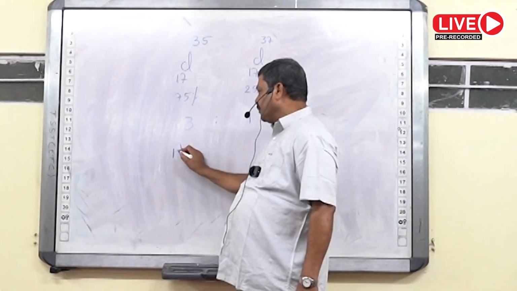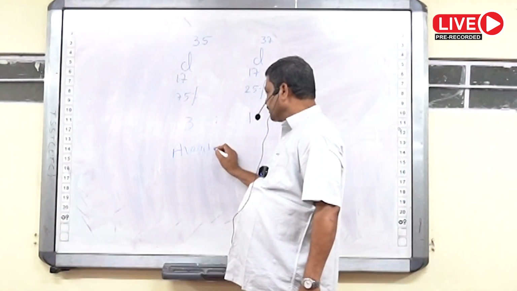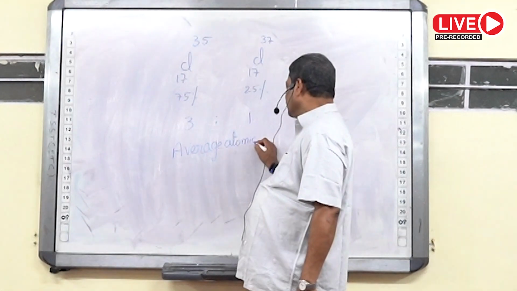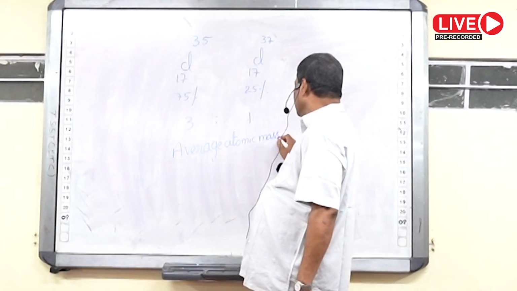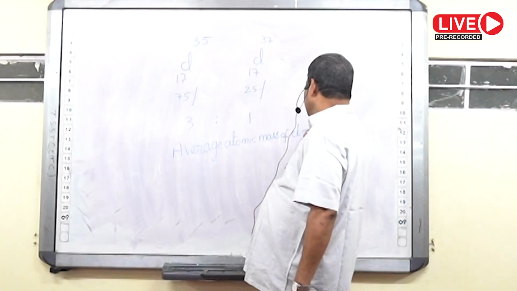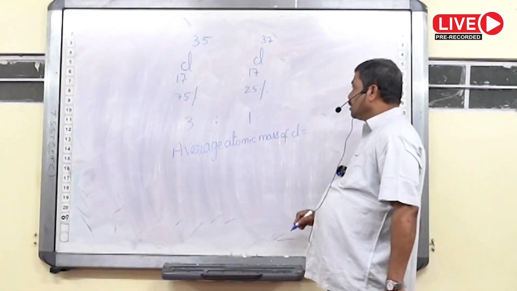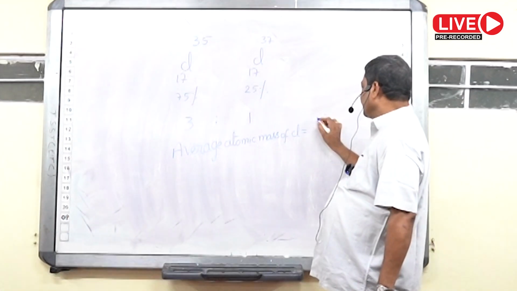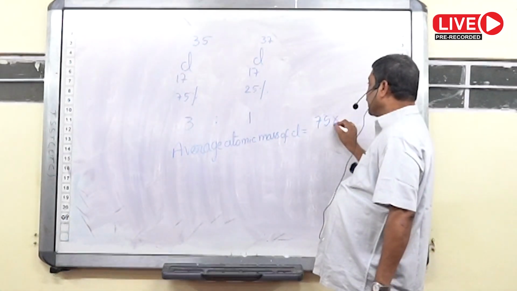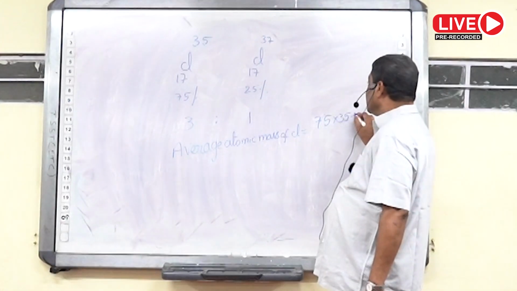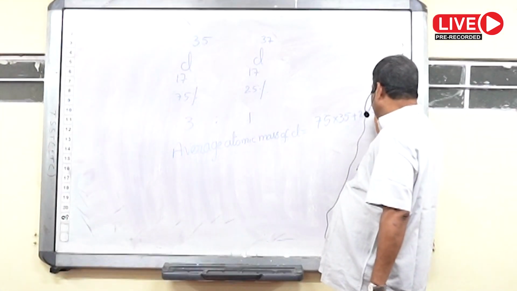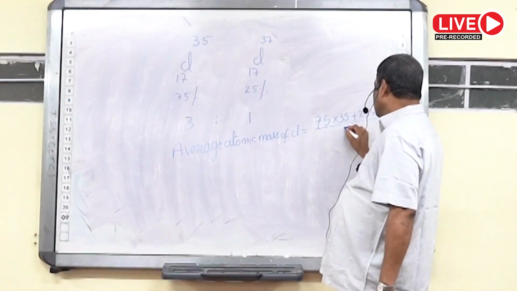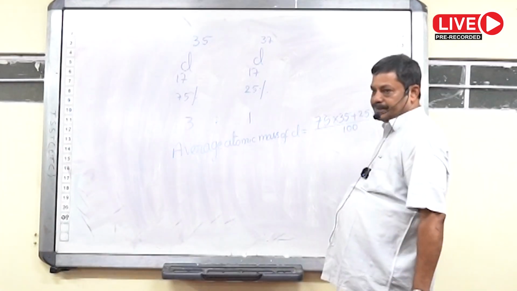Now, the average atomic mass of chlorine is equal to 75% of 35 mass plus 25% of 37 mass for a total of 100 units.